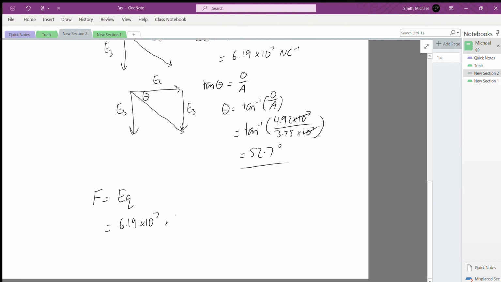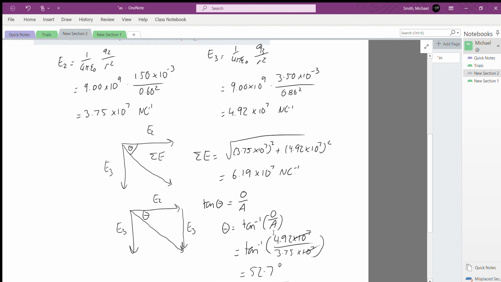So that'll be just the 4.5 times 10 to the power of minus 3 coulombs, and if we multiply those together, we get 2.79 times 10 to the power of 5 newtons, or if you're using the exact values all the way through, then you'll probably end up getting 2.78 times 10 to the power of 5 newtons.